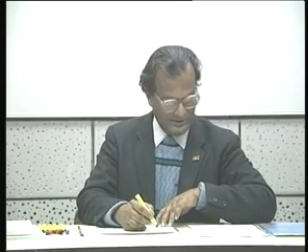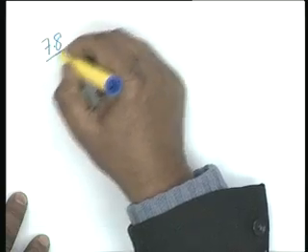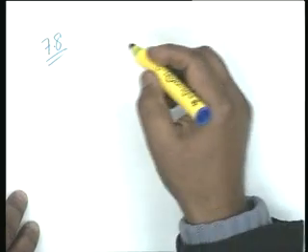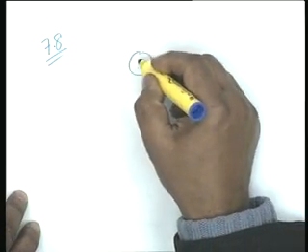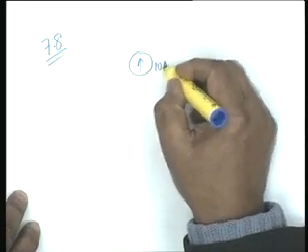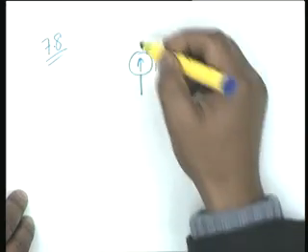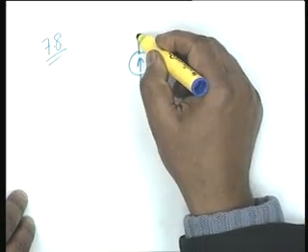We want to take an example from the text to illustrate the application of Norton's theorem, and the example that I have chosen is 7.8. The example says that there is a 10 ampere current source. The problem is to be solved by Norton's theorem.